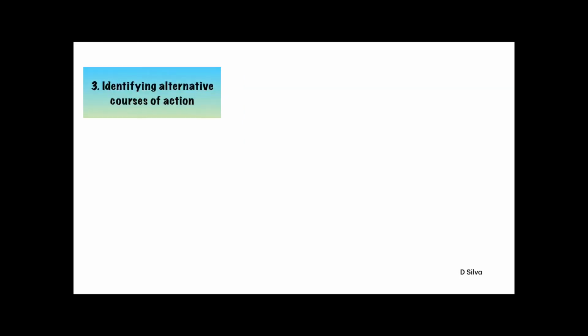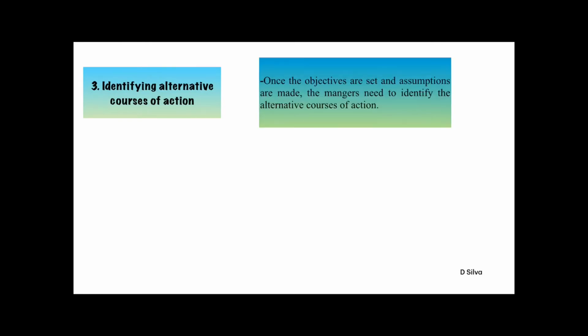The third step, identifying alternative courses of action. Once the objectives are set and assumptions are made, the managers need to identify the alternative courses of action. So what is the first step? It is to set an objective or a goal. The second one is to develop premises, which is called an assumption.